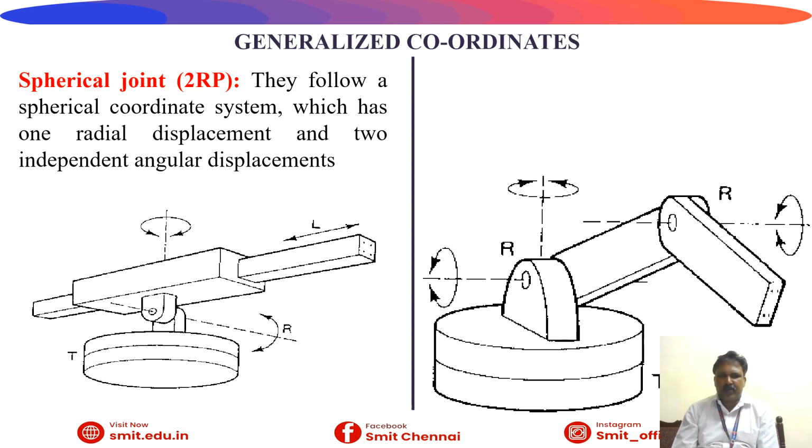One radial displacement is important, and the two independent ones are one at the lower part and another at the top. We have revolute joints there, and the linear motion is denoted as L. That linear motion is called prismatic motion.